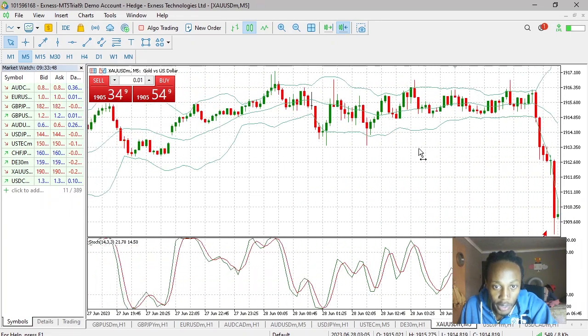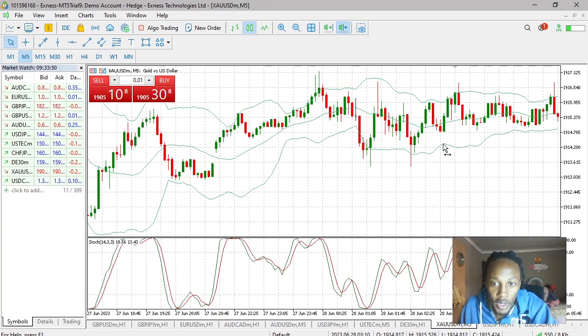So let's look for another one whereby it would have hit your SL. So this is your entry and also your stop loss. That's your stop loss.